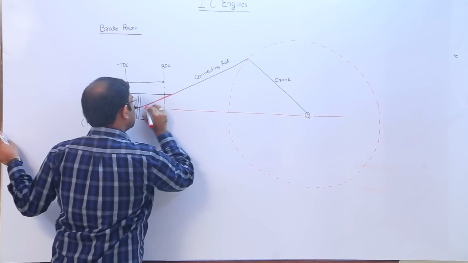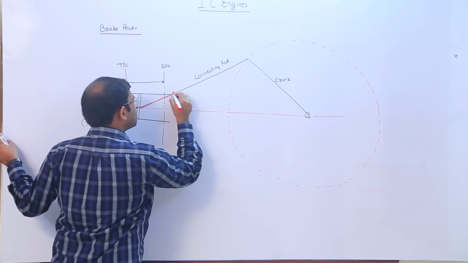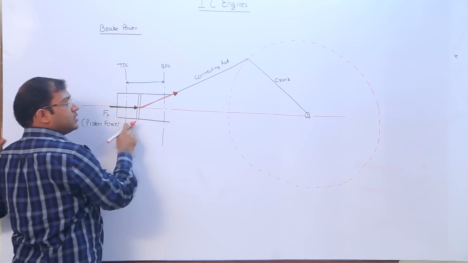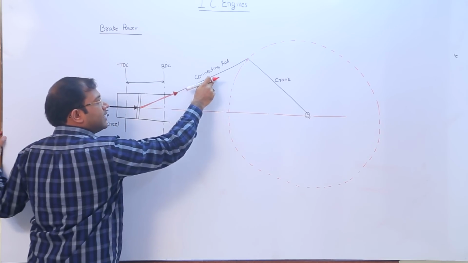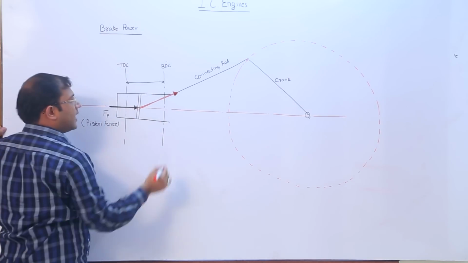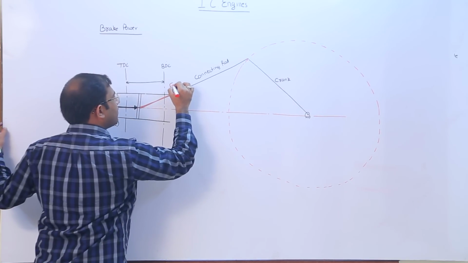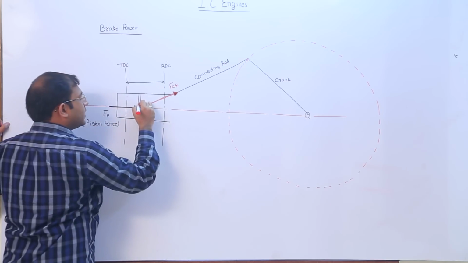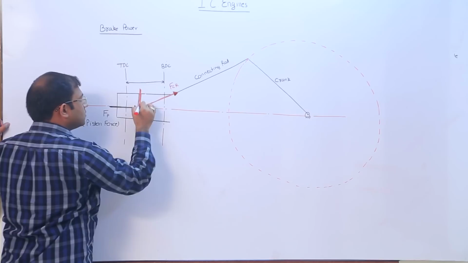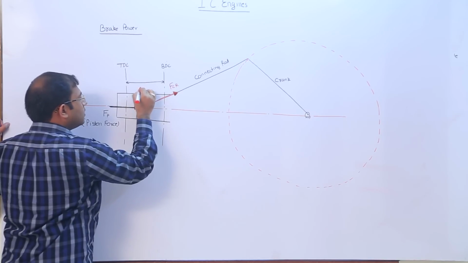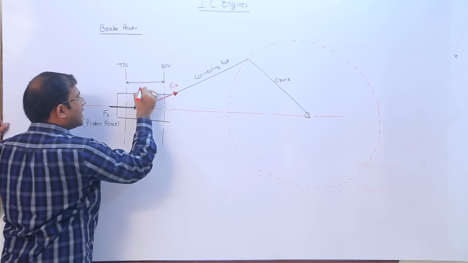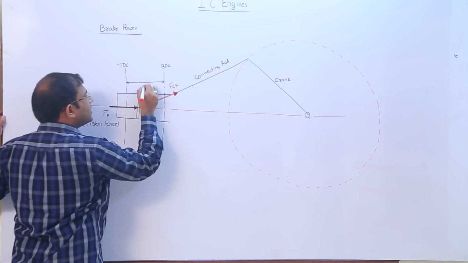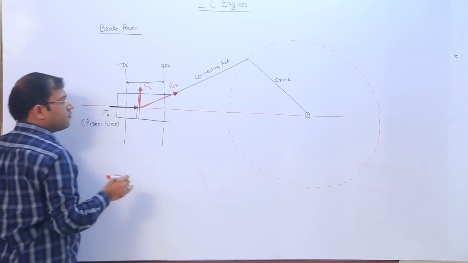Let this be this force, because what we are seeing is that the motion of piston leads to the motion of connecting rod and it leads to the rotation of crank, and let this force be FCR, and there will be one component that will act in normal direction or direction perpendicular to the cylinder walls, and let that force be your normal force.